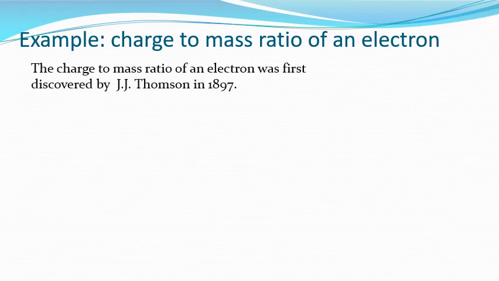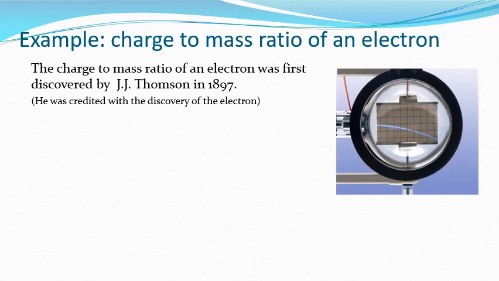Okay, finally, just to mention the charge to mass ratio of an electron. J.J. Thomson in the Cavendish laboratories in Cambridge was the first person to measure the charge to mass ratio of an electron. He wasn't able to measure the charge or the mass of the electron, just the ratio of the 2. It was Millikan's experiment that measured the charge.